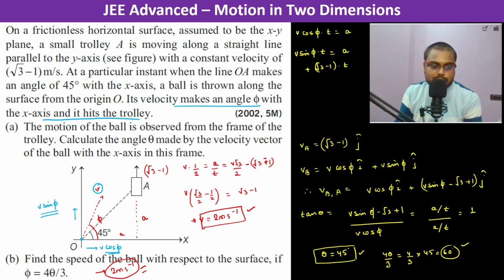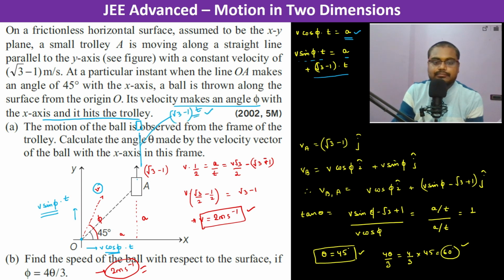In time t, it's going to cover v cos phi into t here, and v sin phi into t here. But because it has hit A, we can write that v cos phi t is going to be equal to A. And v sin phi t is equal to A plus root 3 minus 1 into t, because the trolley has already moved up to here, and this is root 3 minus 1 into t.